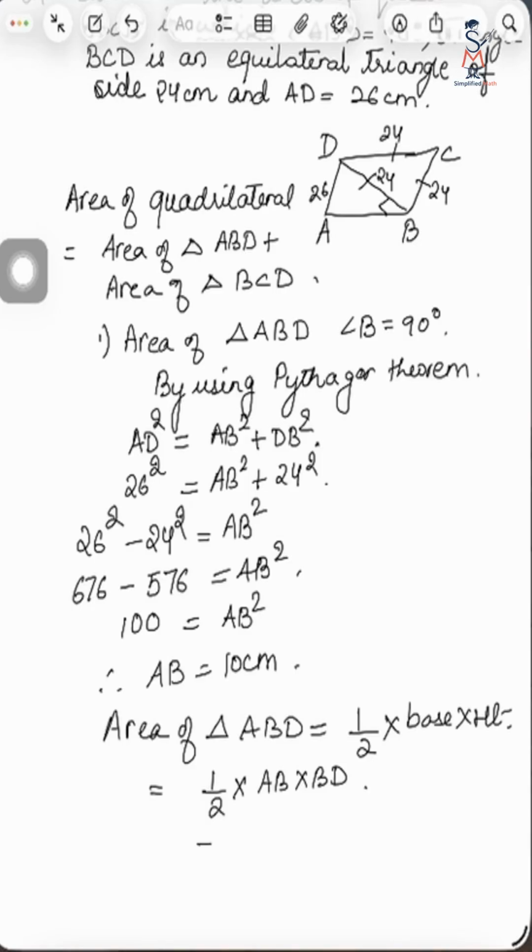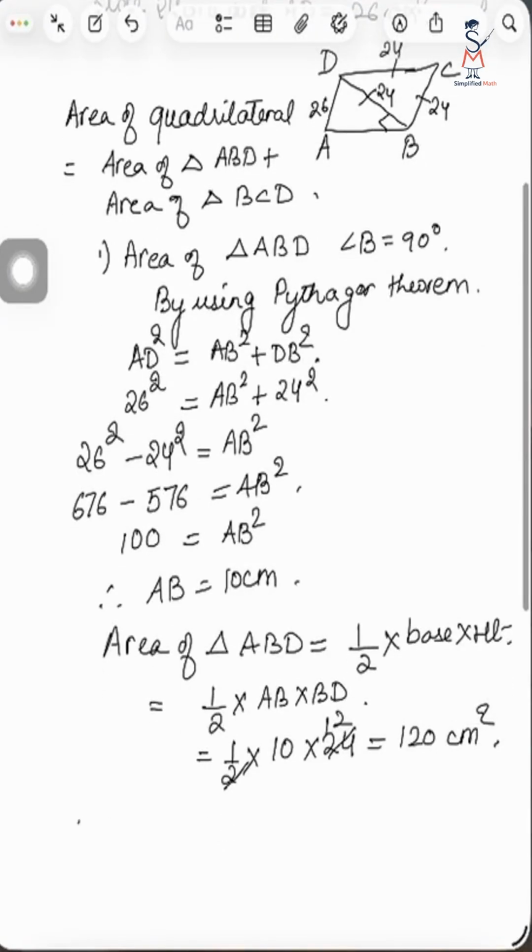So this will become half. What is AB? We have just now calculated AB is 10 and BD is 24. This gets cut by 24, gets cut by 2, 12. So 120 centimeter square is the area of ABD.